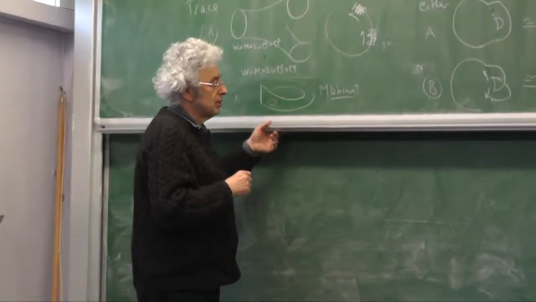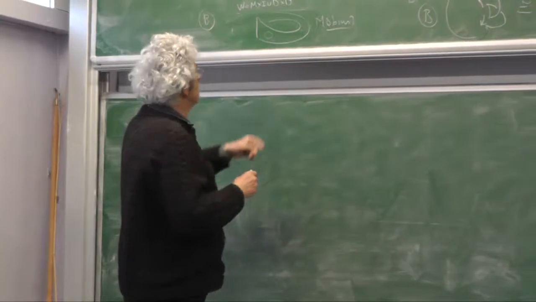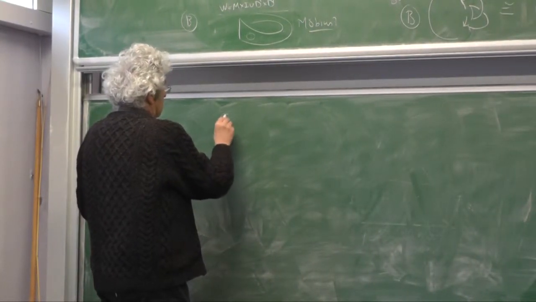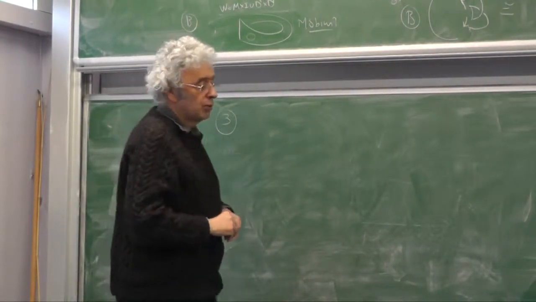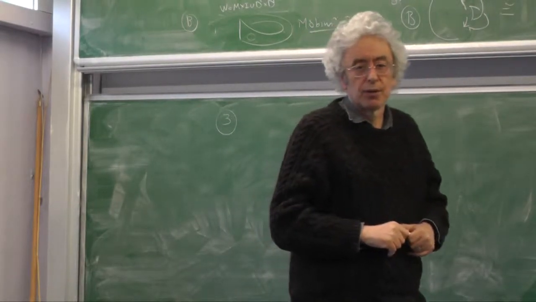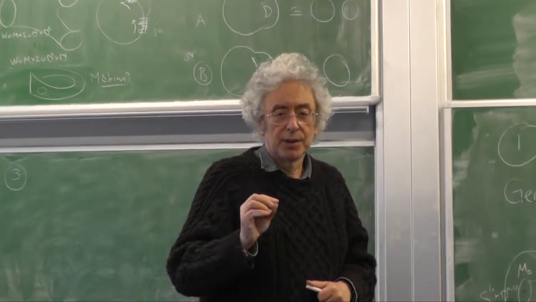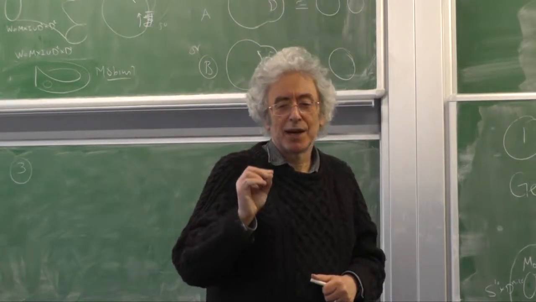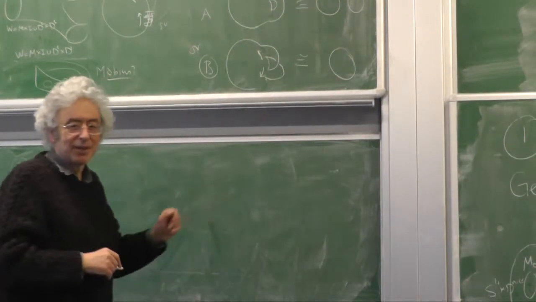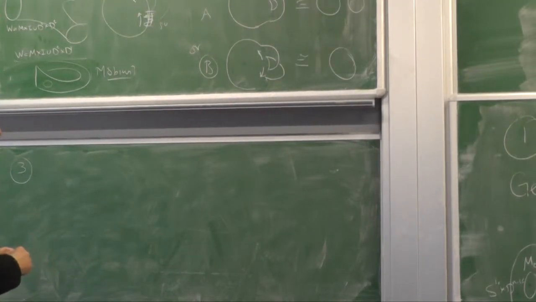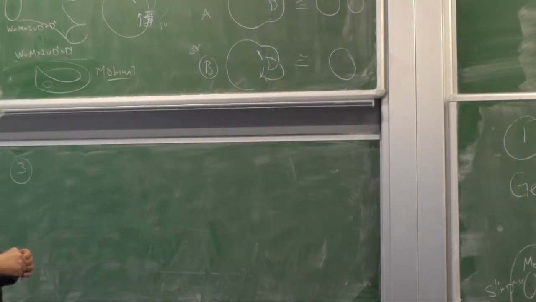I'm pretty sure it's actually the Möbius band. And the reason is that there are two line bundles over a circle, the trivial one and the Möbius band. And that's what's happening here. So perhaps no editing required after all.